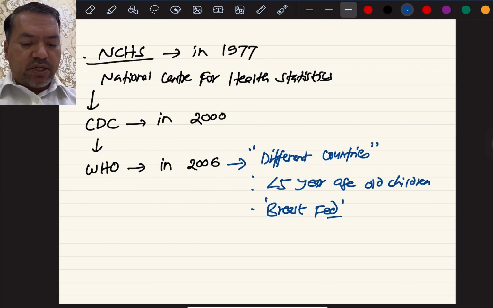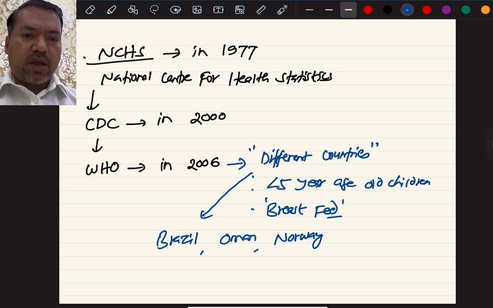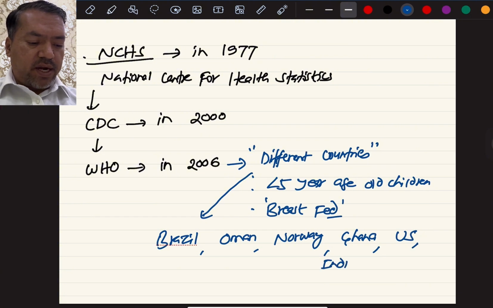And this study was done in multiple countries, and the name of those countries, sometimes you can get this type of question also. Number 1 is Brazil, okay. Number 2 is Oman, okay. Then Norway, then Ghana, then United States of America, and India.